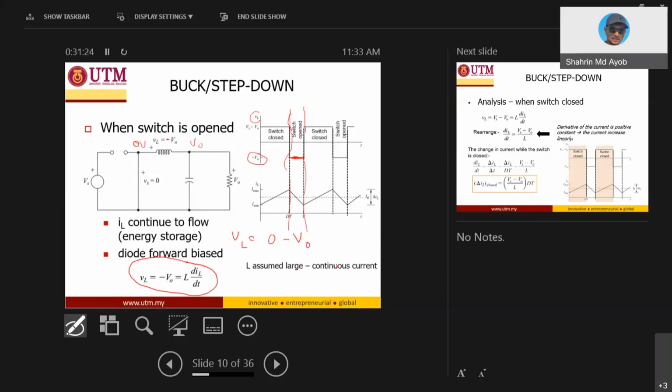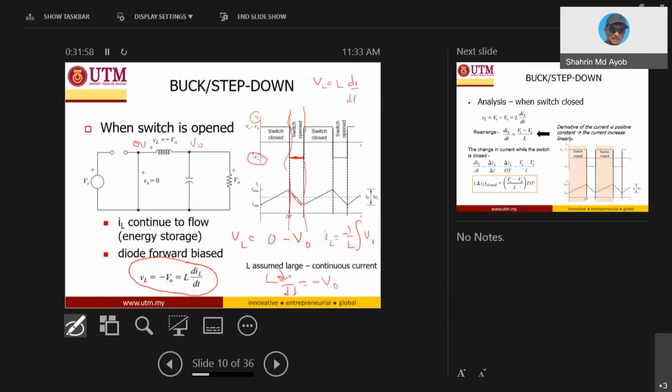And then the current, we know that VL is L di/dt. So L di/dt is actually negative VO. So you can see that the current will be the integration of negative VO, and since VO is a constant value here, the integration of any constant value will get you a ramp.